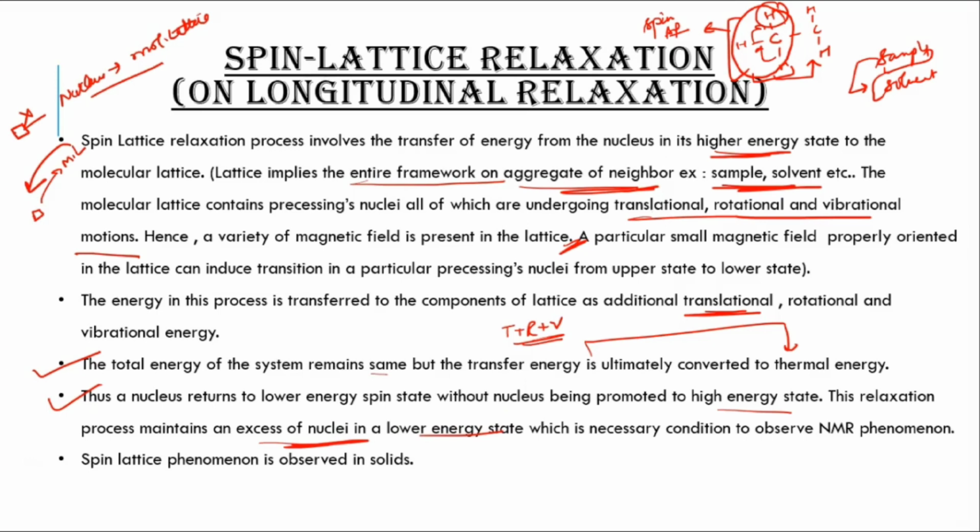But यही यहाँ पे पॉइंट ऑफ डिफरेंस आ गया कि in this case this process maintains the excess of nuclei in the low energy state. Okay. And which is quite a necessary condition because मैंने आपको पहले ही बताया था कि अगर आपको NMR का फिनोमेना ऑब्जर्व करना है, NMR स्पेक्ट्रा अगर आपको चाहिए तो there should be excess of nuclei present in the low energy spin state. And spin lattice phenomena is usually observed in solids. So this is all about this particular topic.